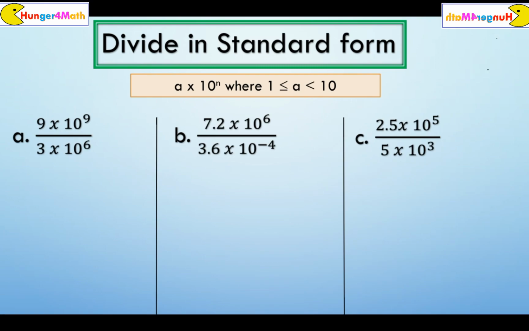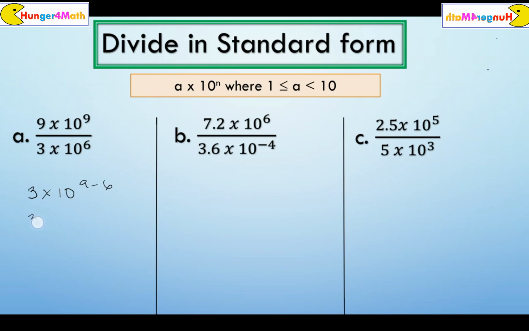Letter A is 9 times 10 to the power of 9 all over 3 times 10 to the power of 6. Let's divide 9 divided by 3, that is 3. And let's copy times 10. Then in the quotient law, we subtract the powers. So that will be 9 minus 6.